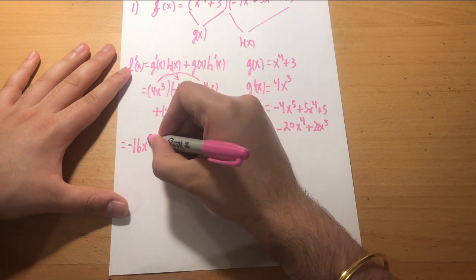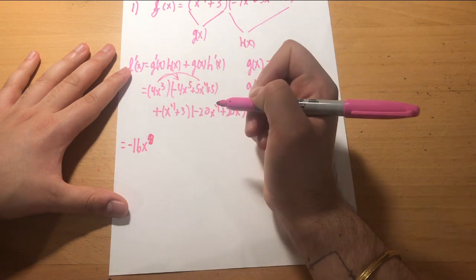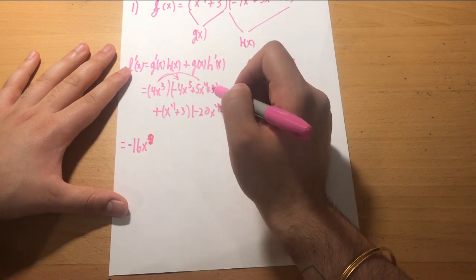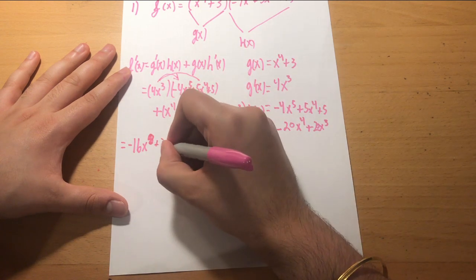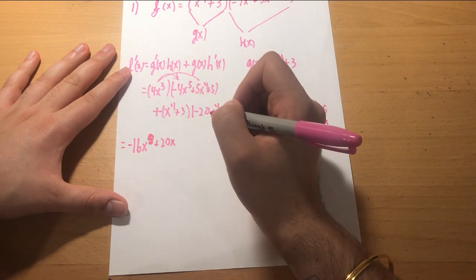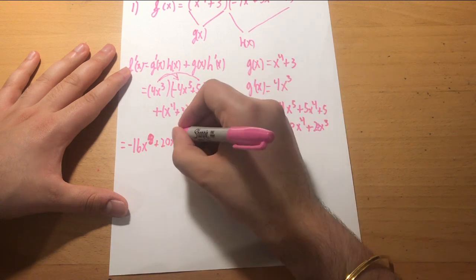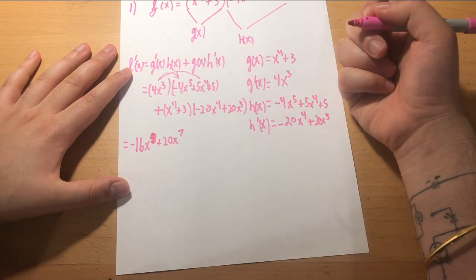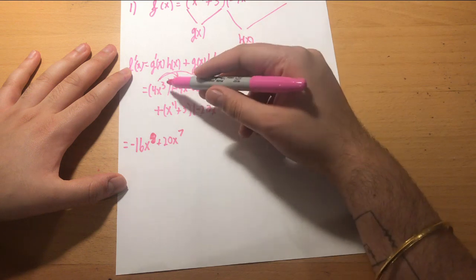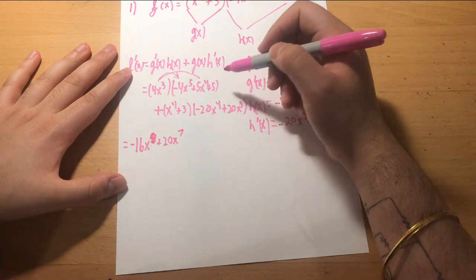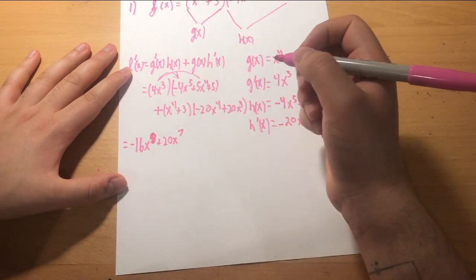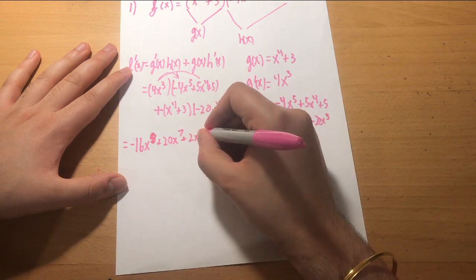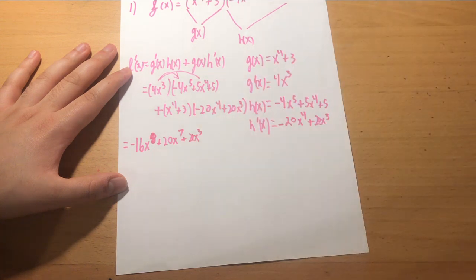Sorry, should be to the eighth, not to the ninth. 4x to the third times 5x to the fourth just gets us plus 20x to the seventh. And let's see, what else? 4x to the third times 5 will get you just 20x to the third. So plus 20x to the third.